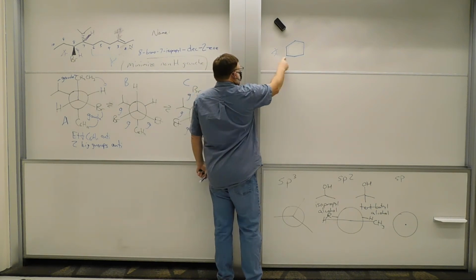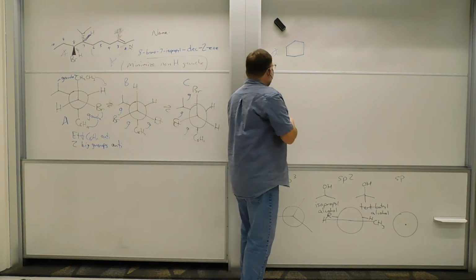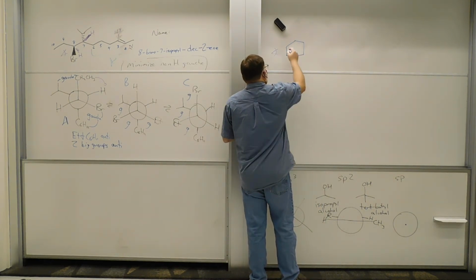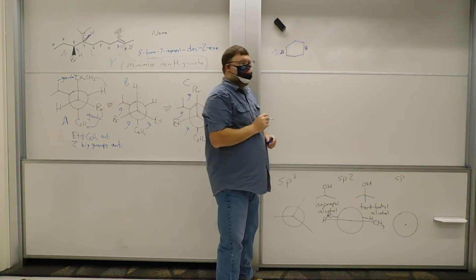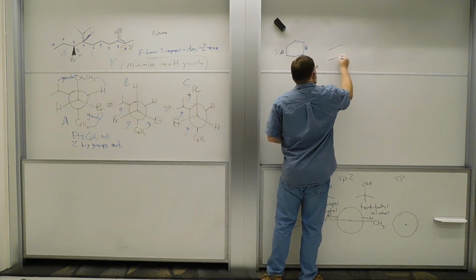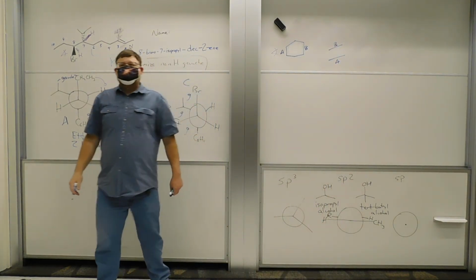If I look at cyclohexane from the side, I'm going to label the bonds A and B. Those bonds are parallel to each other.